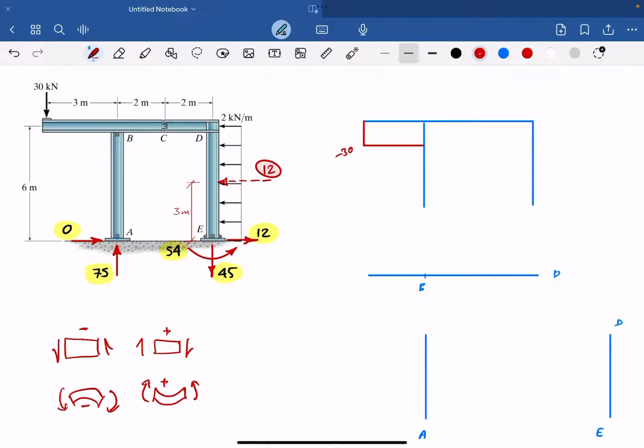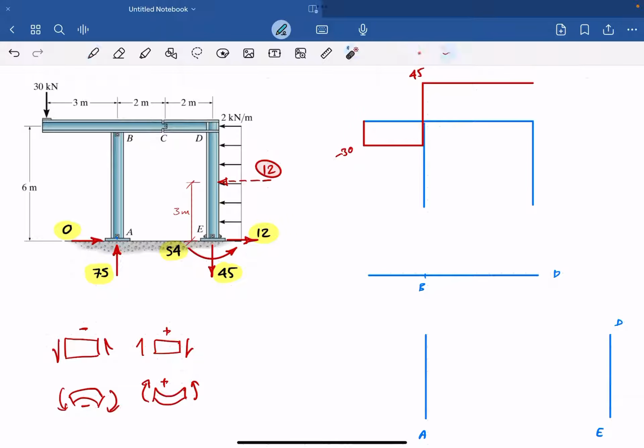At this point you have 75 going up, so minus 30 plus 75 gives us a positive 45 kilonewton. Then it will go horizontal because there is no load from this point to that point, until it comes to this point.